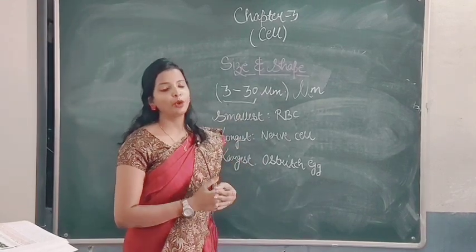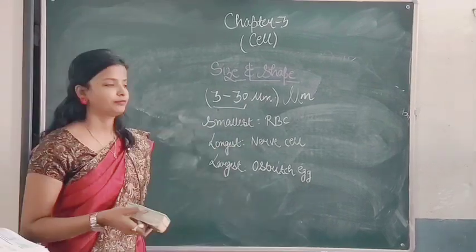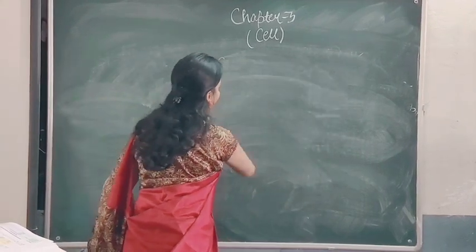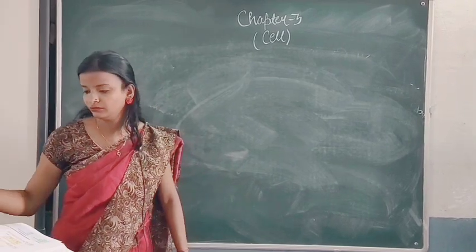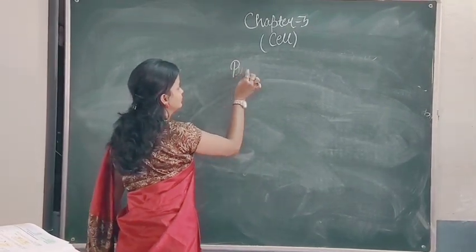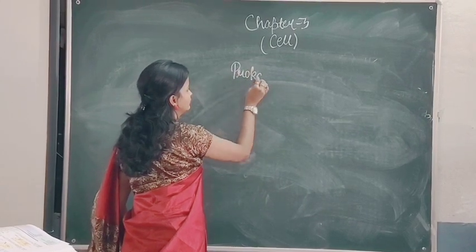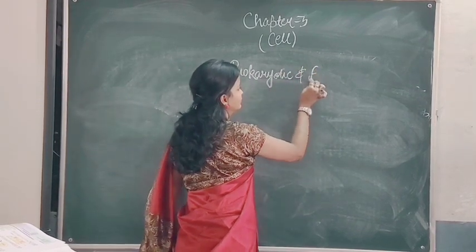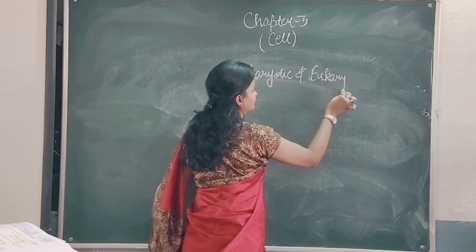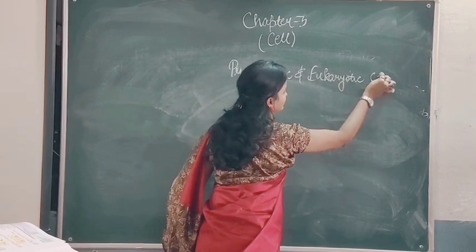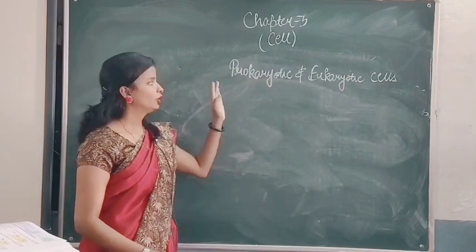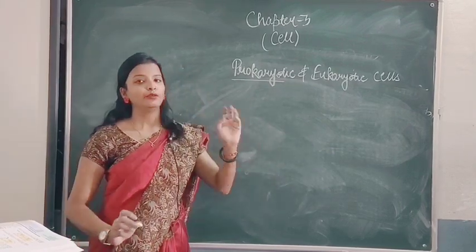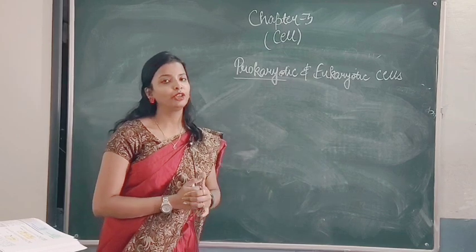Now we will discuss prokaryotic and eukaryotic cells. Prokaryotic cells are cells in which membrane bound organelles are absent or missing.